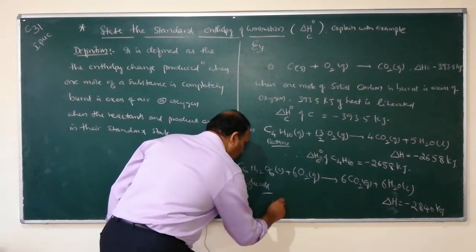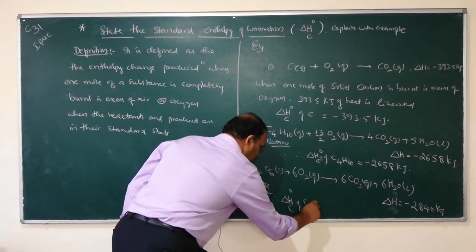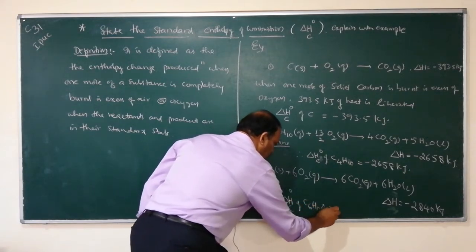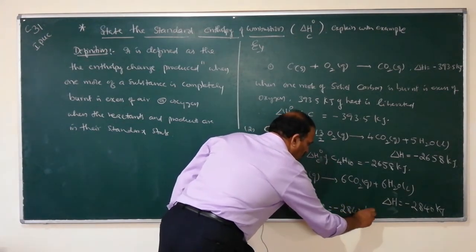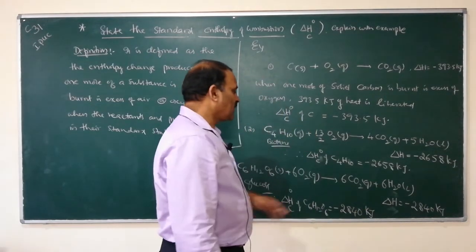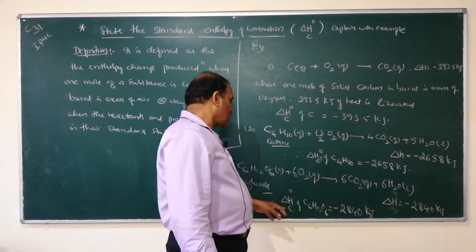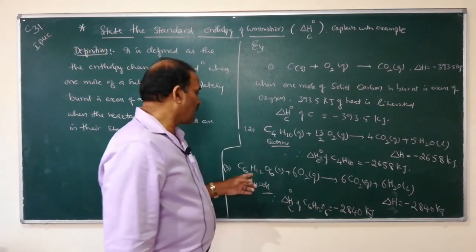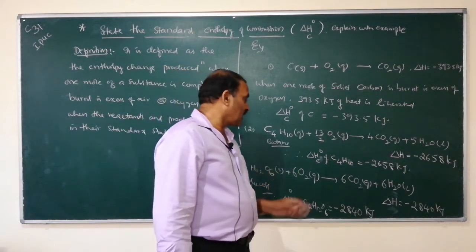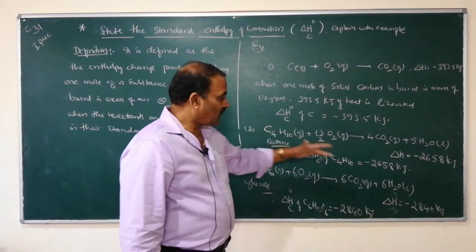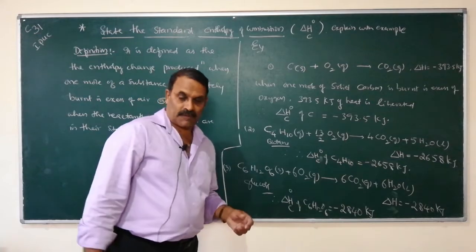Therefore, delta Hc naught of C6H12O6 equals minus 2840 kilojoules. So this is the enthalpy of this reaction. It is also equal to the enthalpy of combustion of glucose, because here 1 mole of glucose is completely burnt in excess of air or oxygen. Therefore, the enthalpy of this reaction is also equal to enthalpy of combustion of glucose.